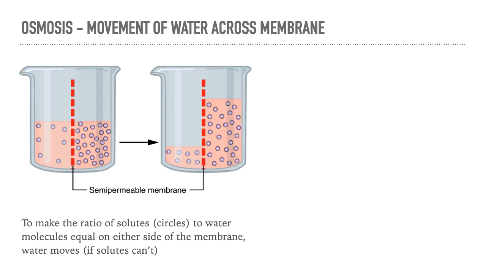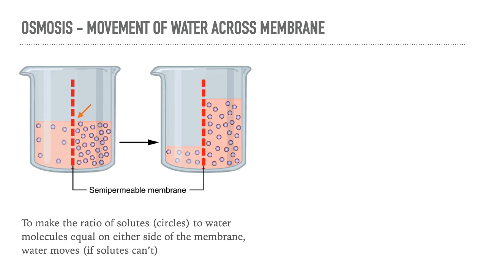When we talk about the movement of water, water also moves by diffusion, but diffusion of water across a membrane is what we call osmosis. Here we're looking at two beakers of water with a semi-permeable membrane represented by this red dashed line. On the left side of the membrane, you only have a few circles.